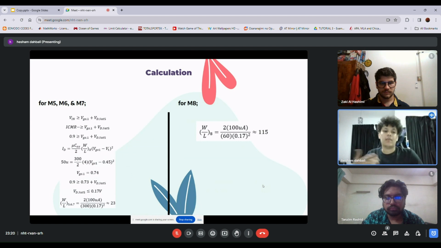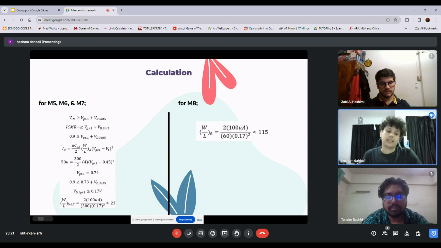For M5, M6 and M7, similarly, we first calculated the range of values in which the transistor will be operating in saturation using the ISMR, the minimum value of the ISMR, and then we plugged it in to find the VGS1.